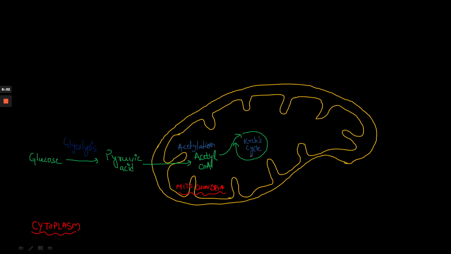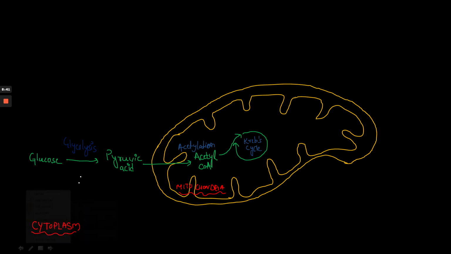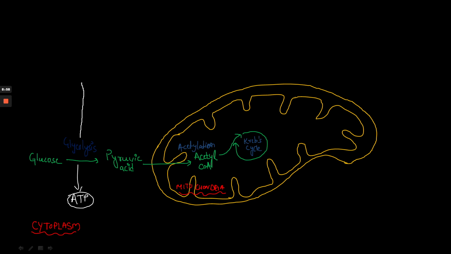Now during all these processes we are going to get something. In the cell there is formation of something. If I talk precisely about the glycolysis process, we have seen that the net gain was 2 ATP. So here ATP is being formed through the glycolysis process, as well as, through glycolysis only, what is being formed?